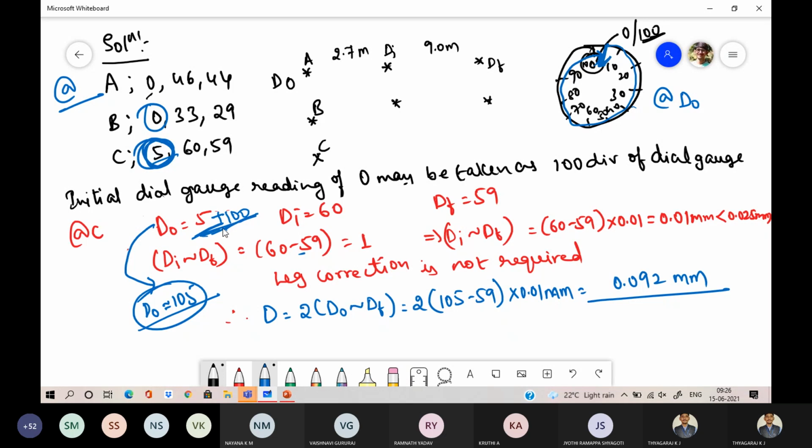That's why I took 100 plus 5. If it is not 0, you add 100 to the given value. For example, if it is 20, the value is 120. Is it clear? Yes, sir.